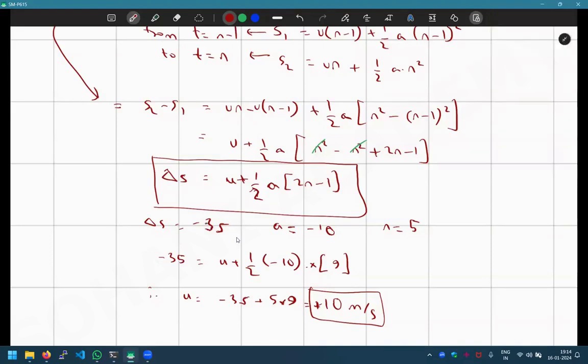Okay. So in fact, in case you get a negative answer, like suppose somebody gets minus 8 meter per second, that is going to be an alert for you that maybe I've made some mistake. That always we will blame the paper the last. We will not start by saying that I got minus 8, so the question is wrong. Maybe I have made some mistake. Only once I've ruled out all the possibilities that my calculations are perfect, only then I can say that maybe the question itself is wrong.